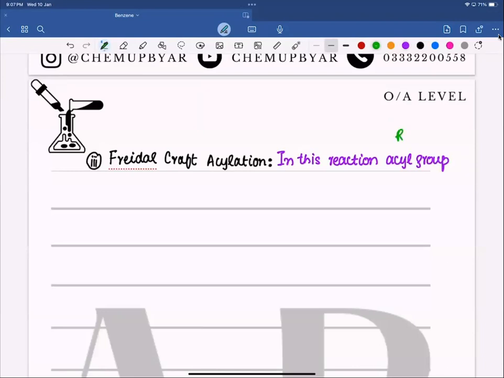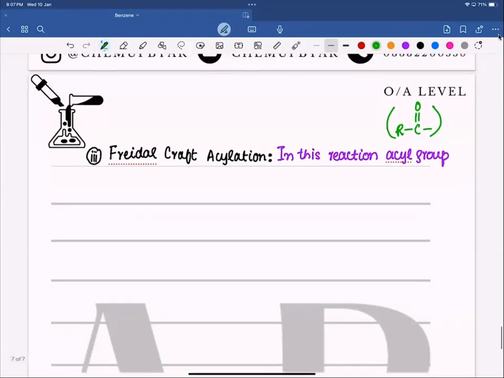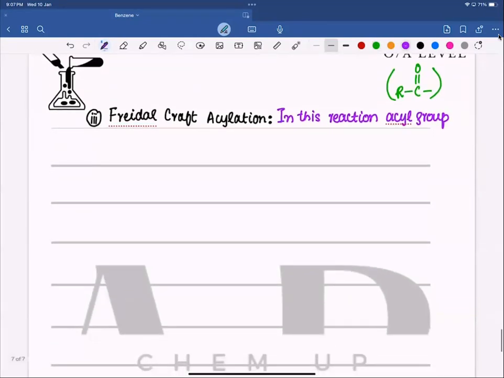An acyl group is an alkyl chain bonded to a carbonyl carbon.